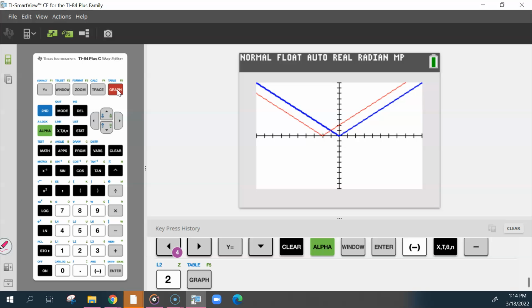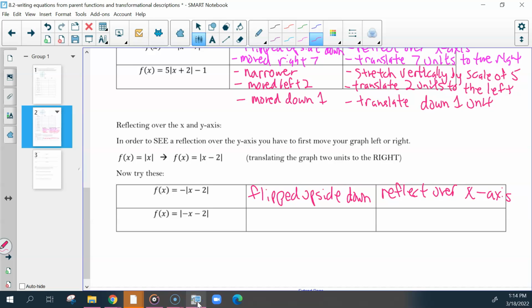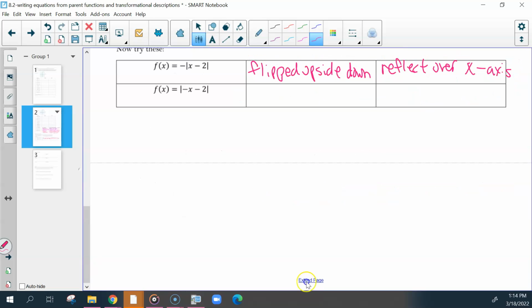And it really looks like it was shifted left 2, but it doesn't say plus 2. So with this, it's a little weird because we have to think about this differently. When you have a negative on the inside and those other things, we could factor out that negative. I know it's been a minute since we've done some factoring, but I could rewrite this as x plus 2.